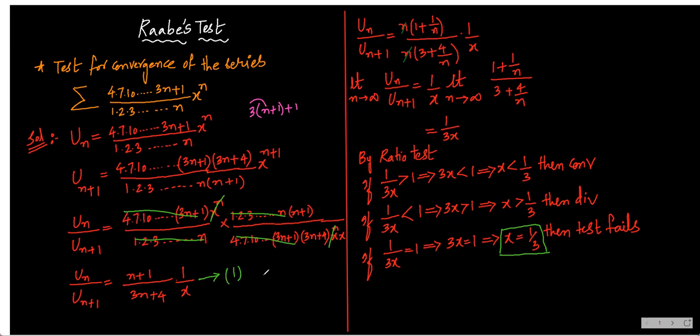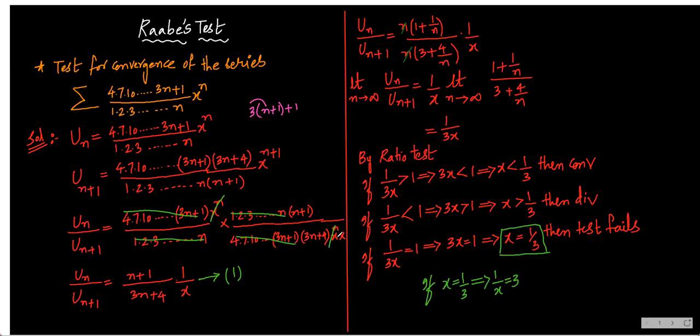If the x value is 1/3, then 1/x becomes 3 only, right? So in place of 1/x we put 3 and simplify. Give me the answer; if 1/x is equal to 3, then how will it become?